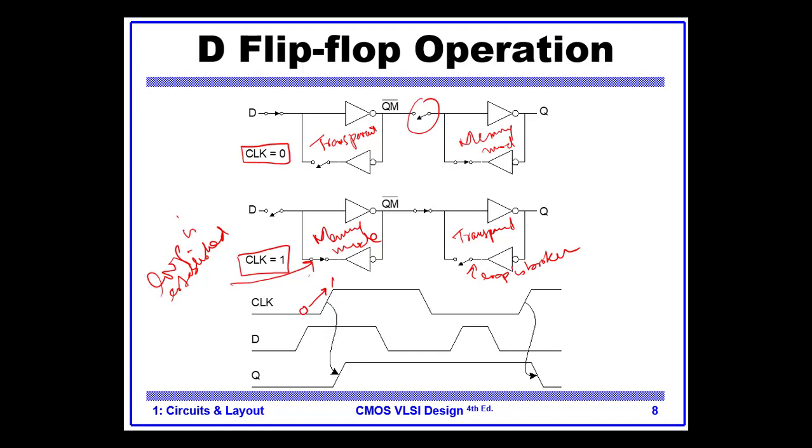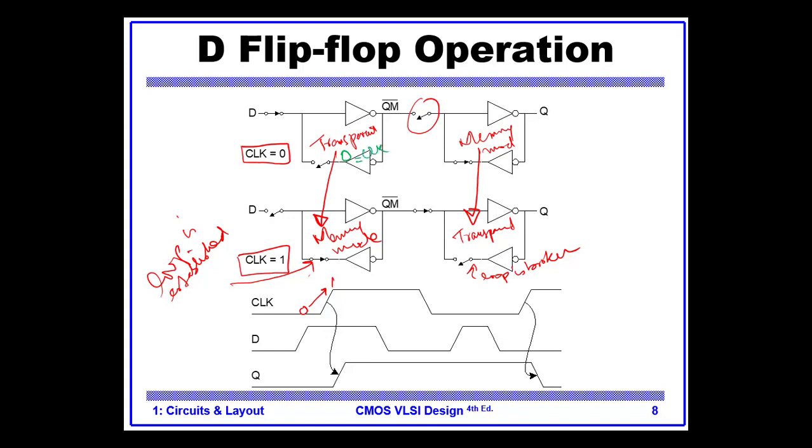The master was transparent on 0, and it is moving to memory state. The slave was in memory state.